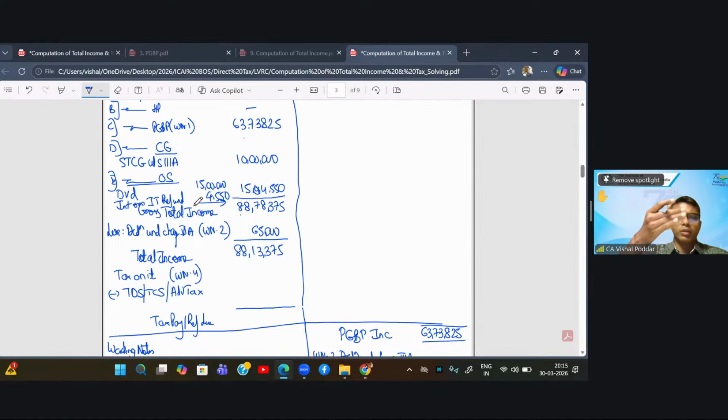If it is included in your income, then only you get the deduction of 80TTA. So there is no income on account of saving bank account. Navneet, a current account transaction is part of TDS. The bank would have deducted TDS, so we will take that TDS credit here. Correct?